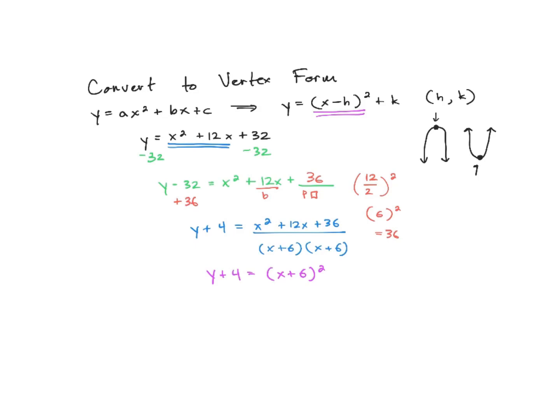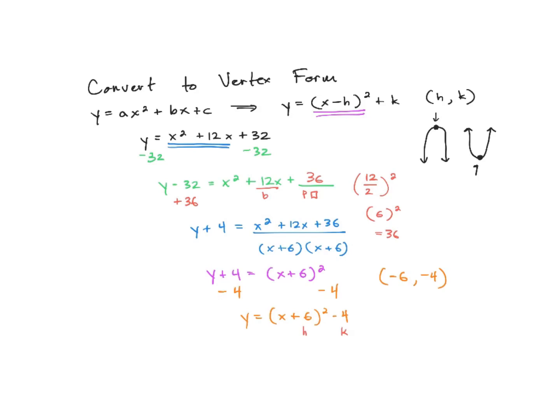And then the final piece being getting y by itself, where I could get y is equal to x plus 6 squared minus 4. And this reveals to me, using this equation, that my vertex is minus 6, minus 4. This is my h here, and this is my k.